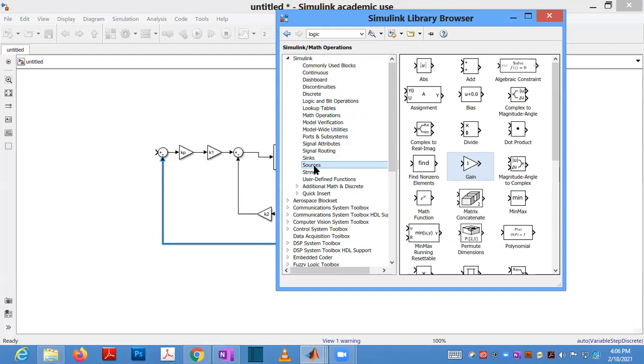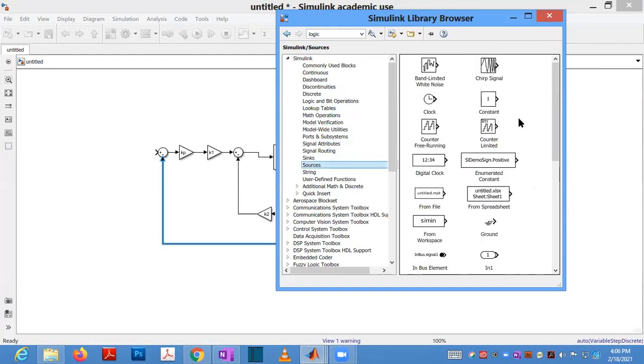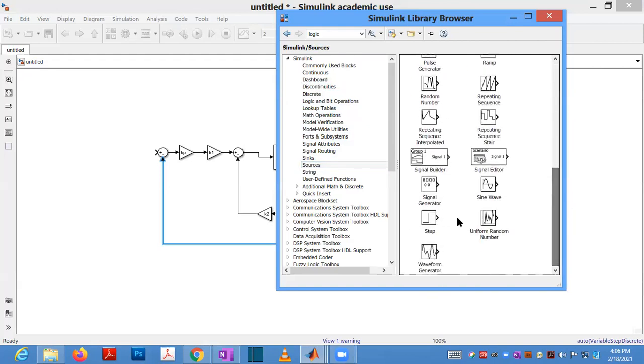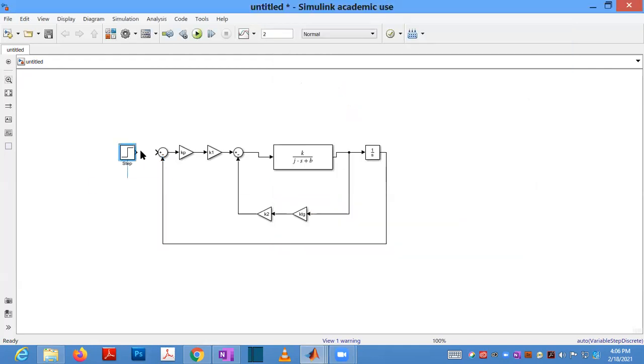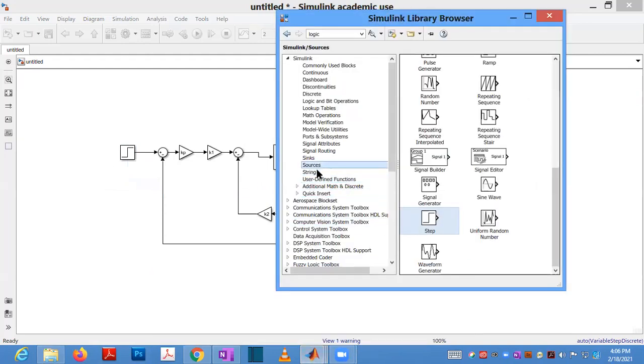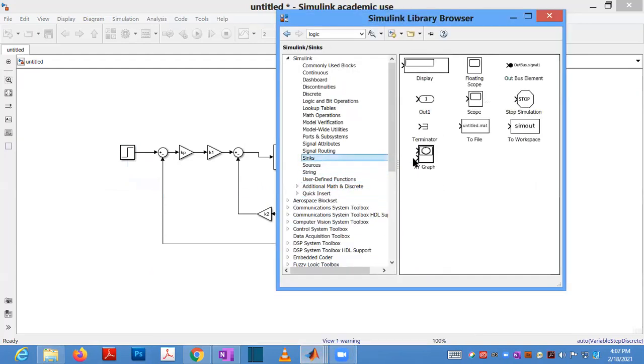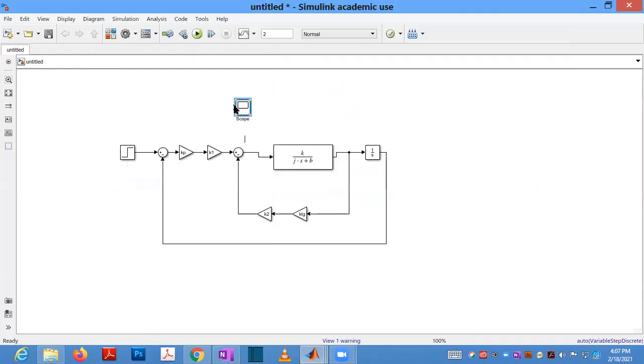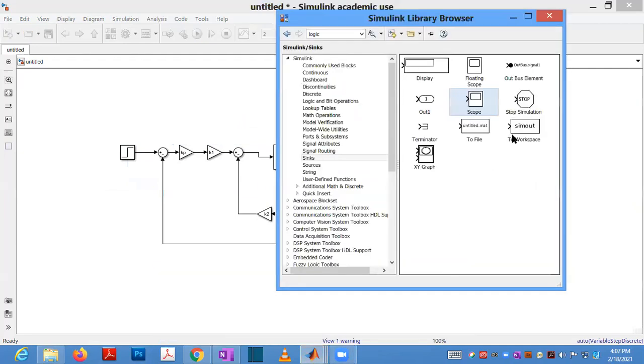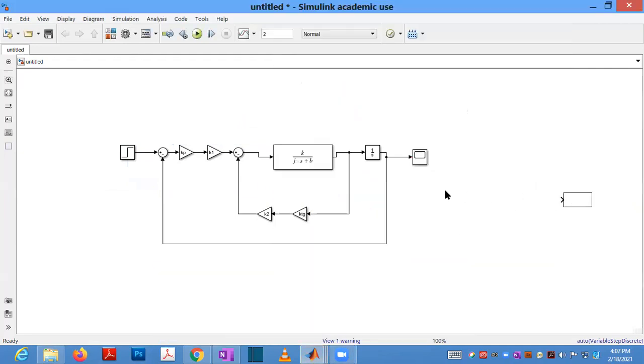From sources, you can find step. And this to workspace option also you can use.